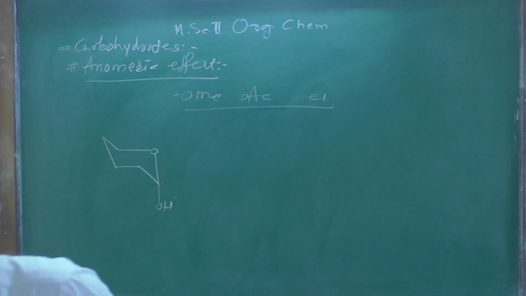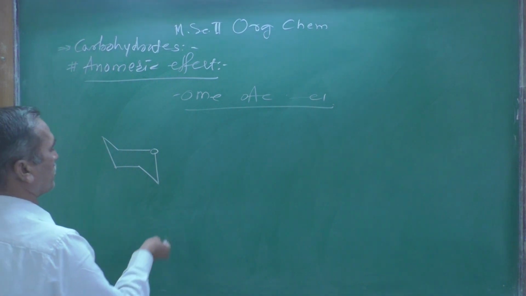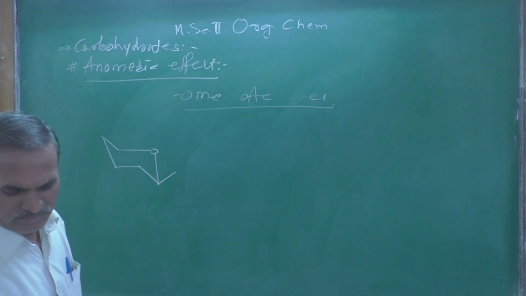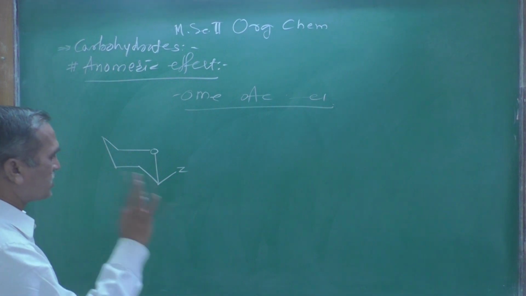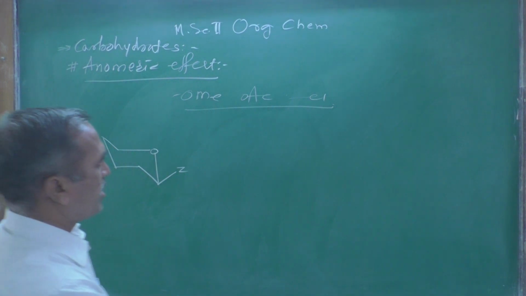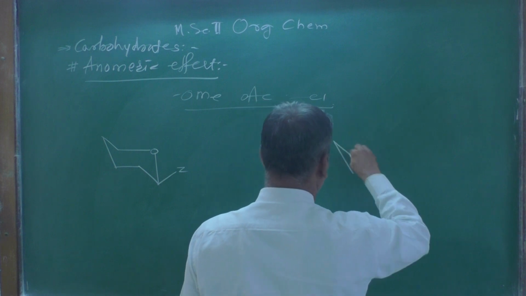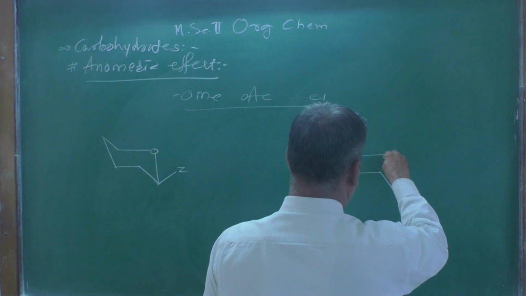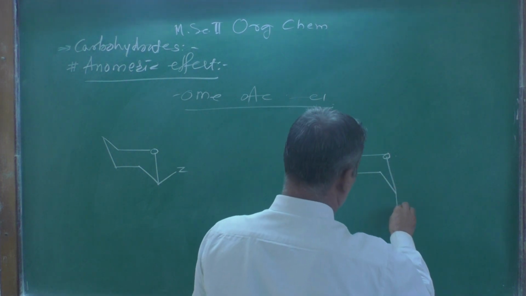Here, first let us see the equatorial position. First I am going to draw that. Here I am taking one group, that is Z. Let us consider Z, and on the other side I am drawing another structure, the same chair form, and Z I am writing over here.